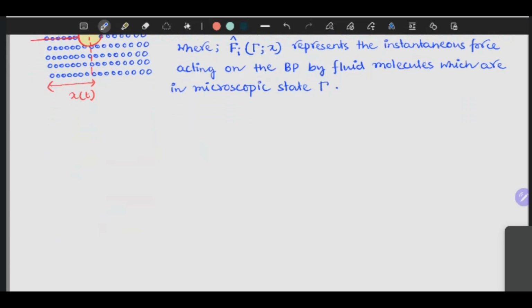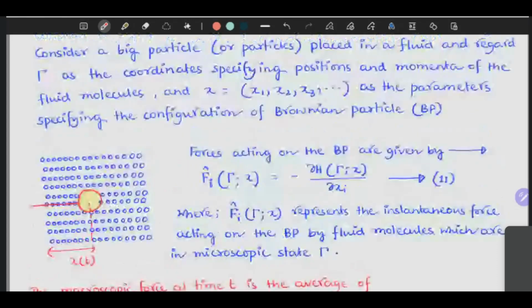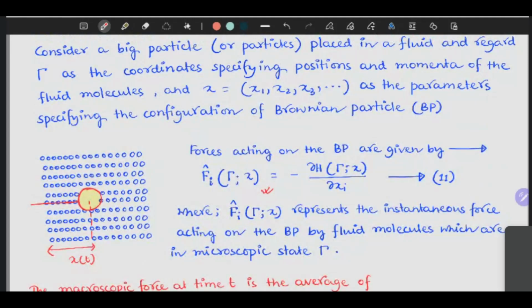So the macroscopic force at time t is the average of this microscopic force.